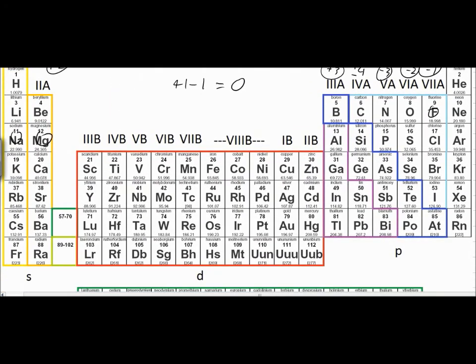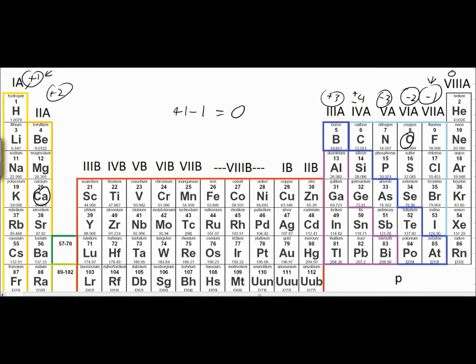Now I want to try something else. Let's take a look at, I'm feeling up to calcium oxide. So calcium, as you can see, has a +2 charge. Oxygen has a -2 charge.